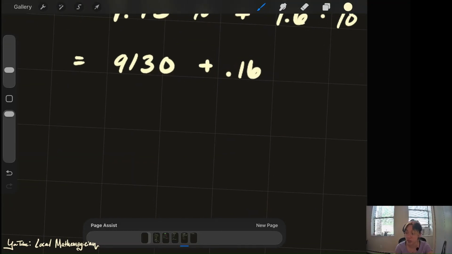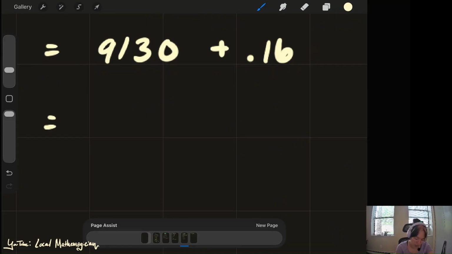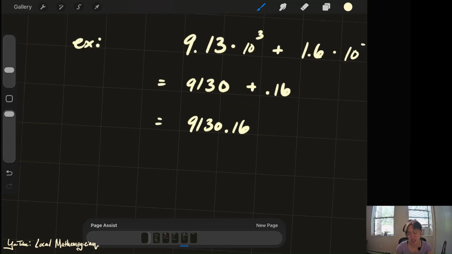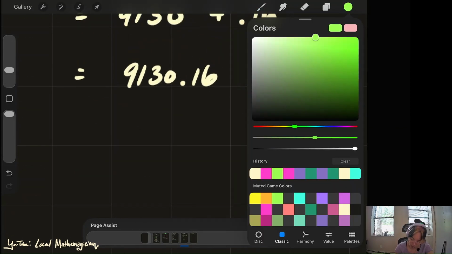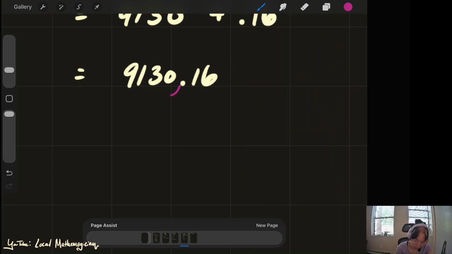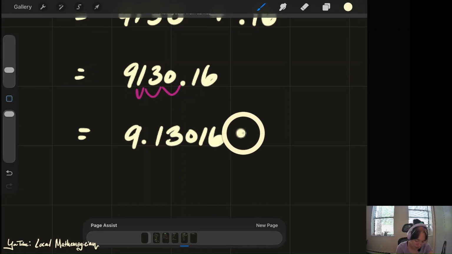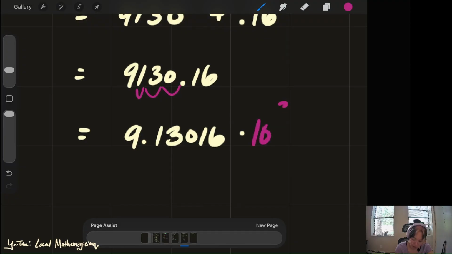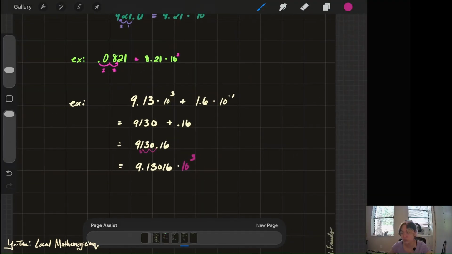I'm very bad with lefts and rights. Okay, and this is going to be 9130.16. That's not in scientific notation yet. How many places do I have to move? 1, 2, 3. This becomes 9.13016 times 10 to the third. Magical.